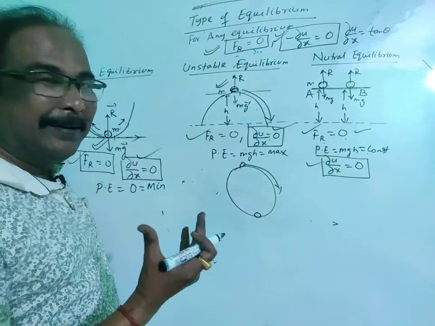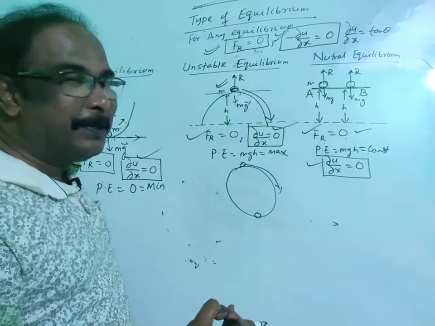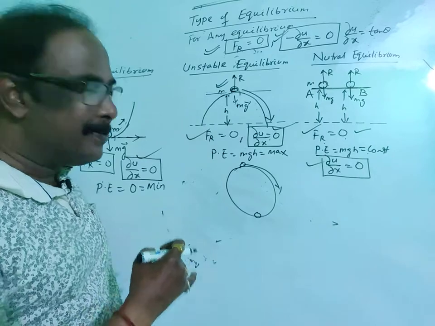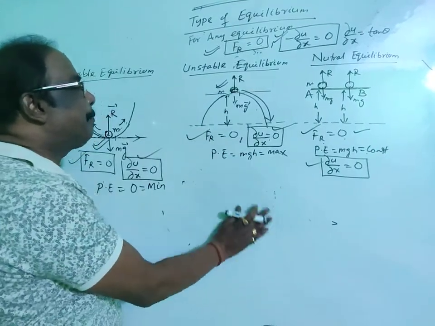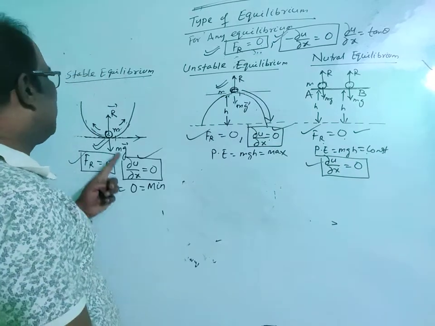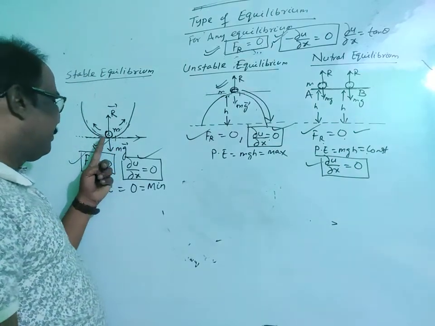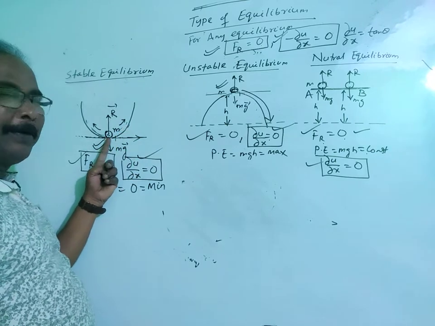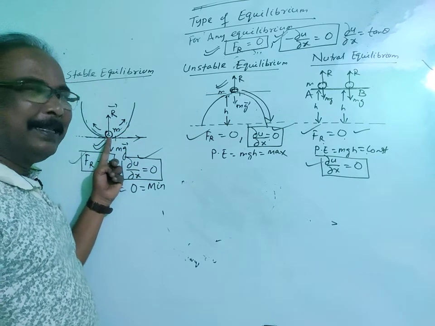The tendency of body is to retain its position at stable equilibrium state. So this is the position of unstable equilibrium. Here potential energy, if you push it, then potential energy increases slightly and comes back to the state of zero potential energy.